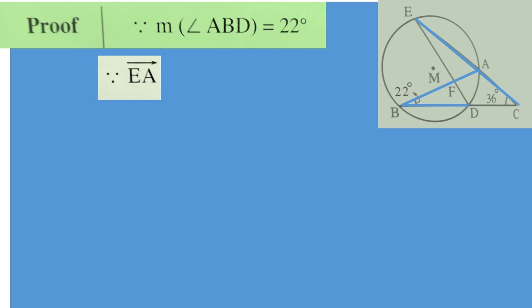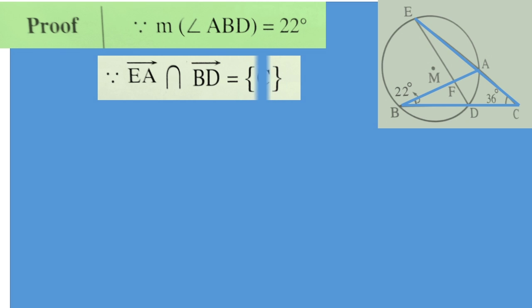EA is a ray that intersects with BD. The point of intersection between EA and BD is outside the circle at a point C. Then I can apply the well-known problem here. The ray BD intersects EA at a point C.